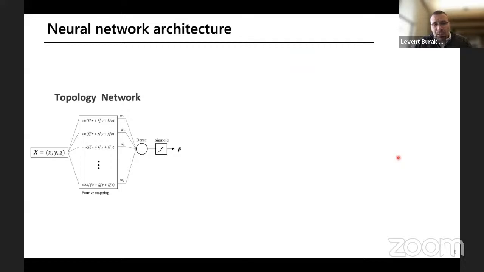So the topology network is building on a recent work that was published, as I mentioned. And recently, I think in this symposium series, there was a very nice talk by Nikon on using Fourier layers for featurizing the input space. And the structure is remarkably simple.